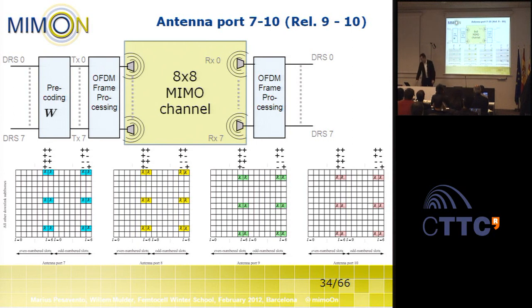In this scheme, we can have up to 8 different reference signals that we can distinguish, and so at the user equipment we can estimate all 8 channels to the 8 transmit antennas. So we can in fact measure the entire 8x8 MIMO channel in this case.